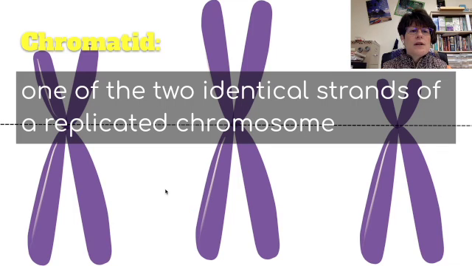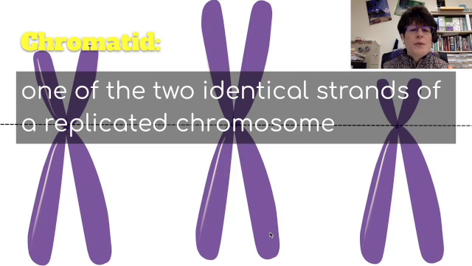Now, there are also chromatids. This is one of two identical strands of a replicated chromosome. So here in the back, I have the chromosomes that have formed. They have replicated. They're going to undergo some type of cell division. And over here on this side is one chromatid, and on the other side is another chromatid.